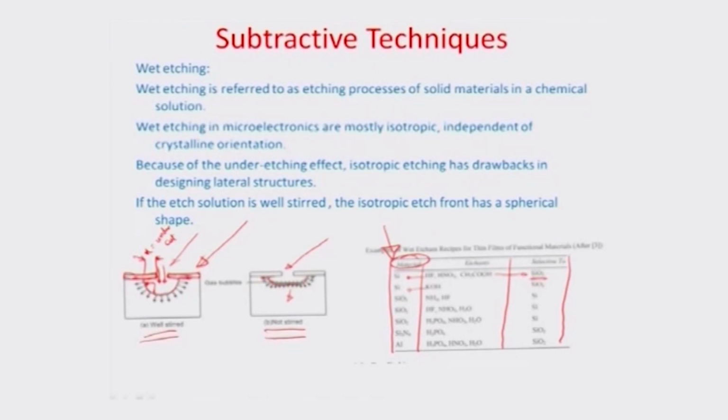So, it will not etch SiO2 anymore, or it will not etch Si anymore in this particular illustration, where NH4F and HF combinations are used. So, therefore, there are certain etchants which are etching away this material and are selective to silicon, or they are etching away the silicon and are selective to SiO2. So, the combination of these can be used for a variety of etching architectures that can be realized accordingly.